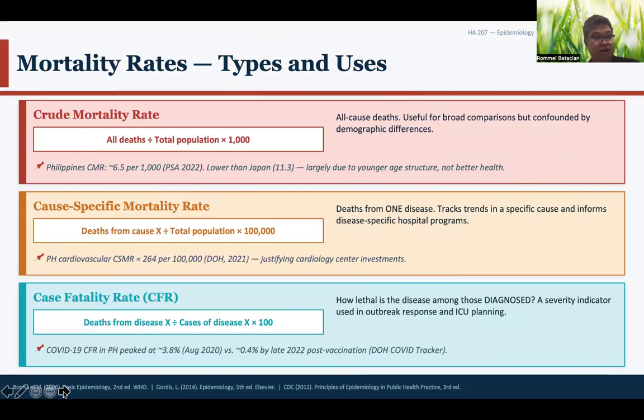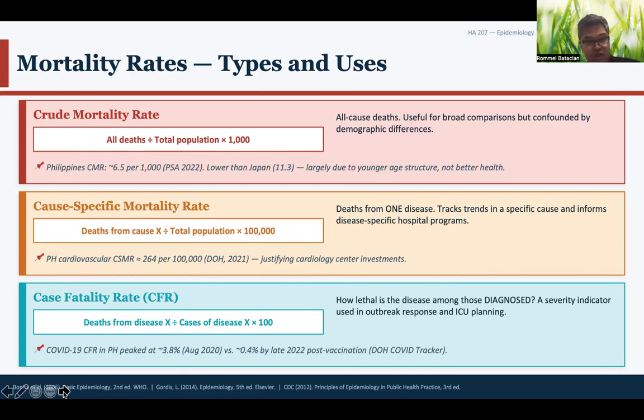So mortality rates, these are measures that quantify death rather than disease. These are critical for hospital administration also because they reflect the severity of disease burden and the quality of the clinical response. So there are three main mortality rates. The first one is crude mortality rate, which is all deaths divided by the total population times 1,000.